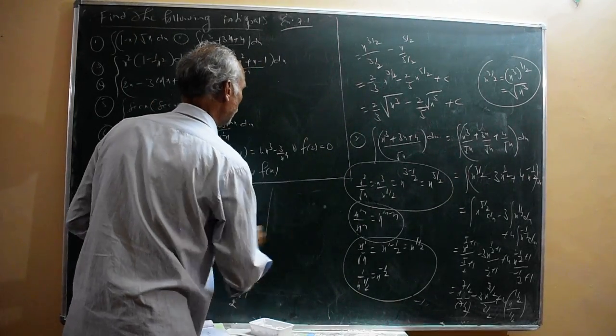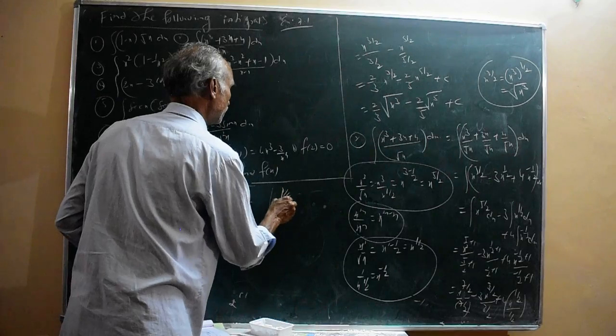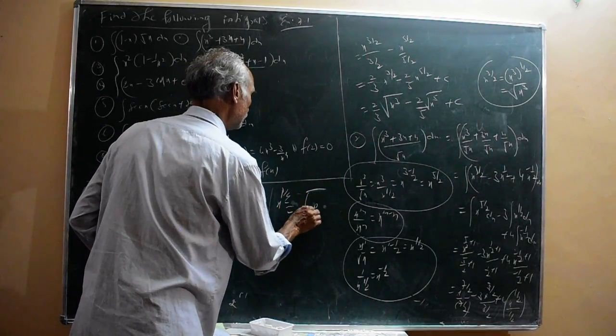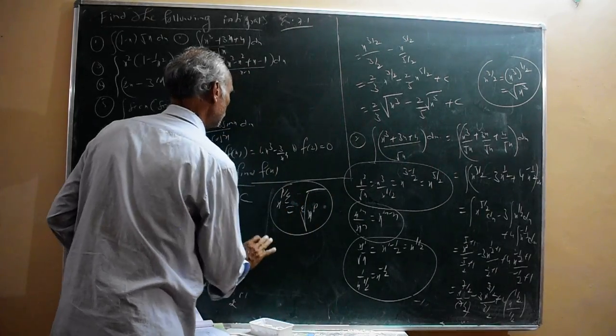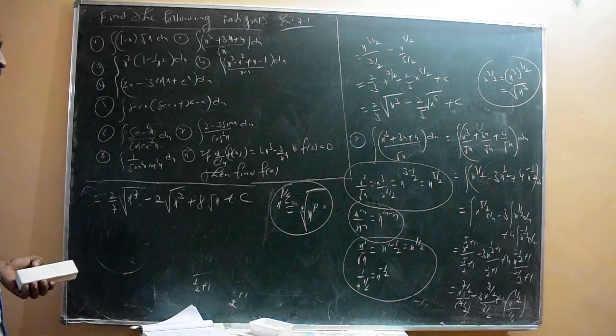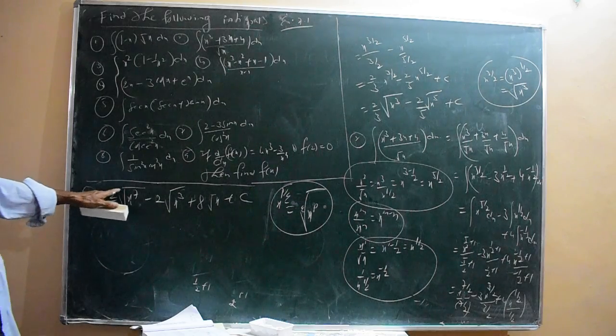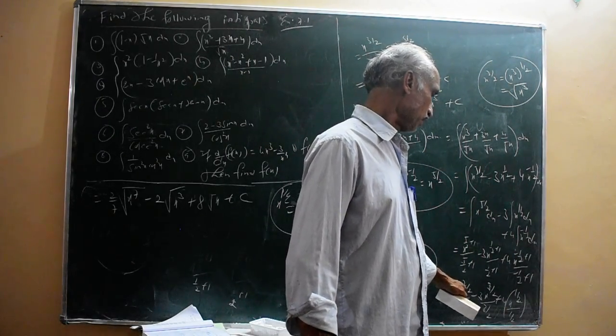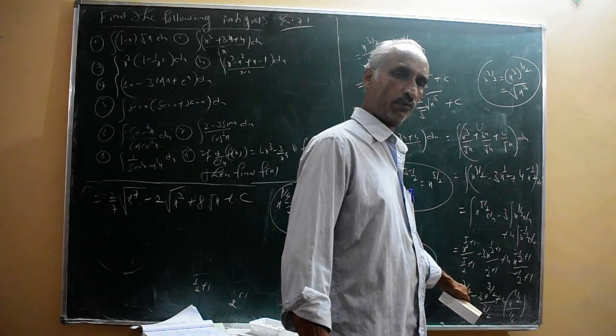x raised to p by 3 is equal to the cube root of x raised to p. Finally, x raised to 7 by 2 is the square root of x raised to 7.